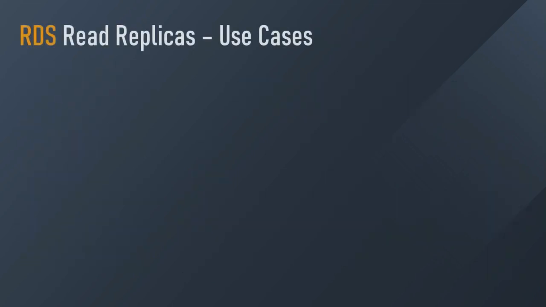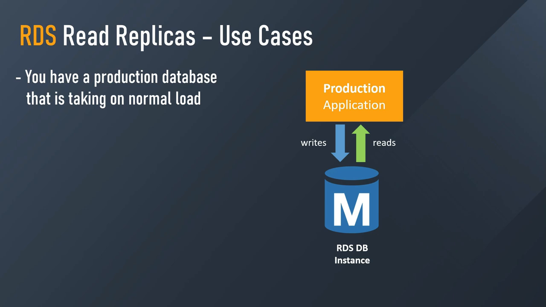Okay, so let's talk about a classic use case for your read replicas. So in this example, we have a production database and it is taking on normal load. So here we go. Our production database is having reads and writes to our main RDS database instance.